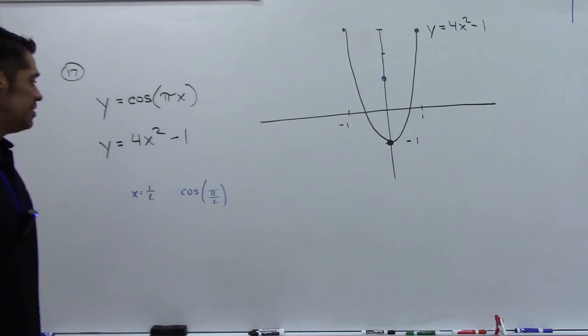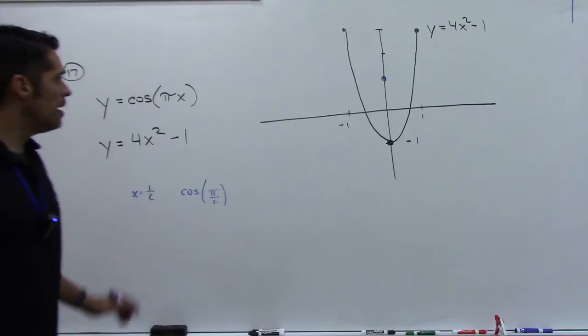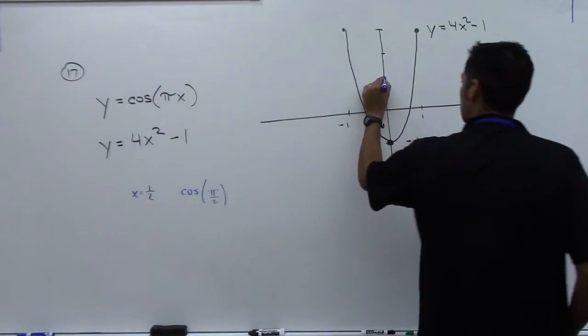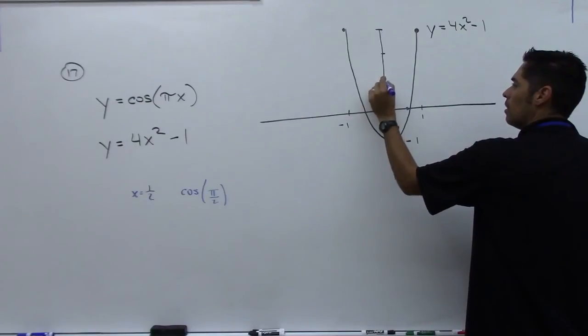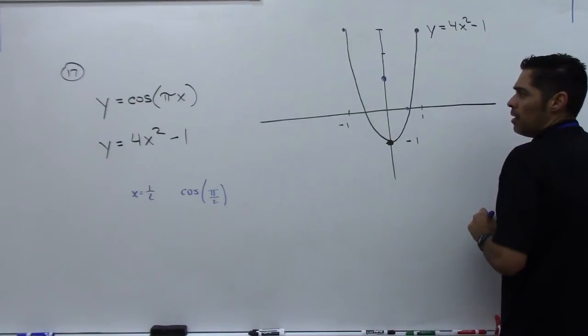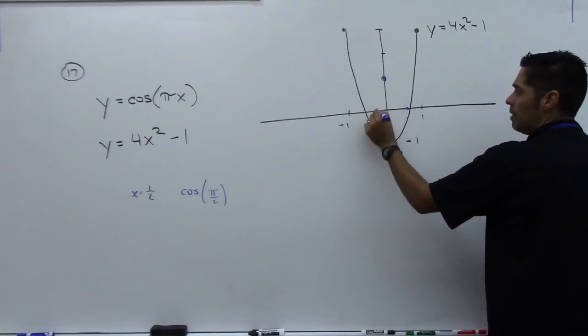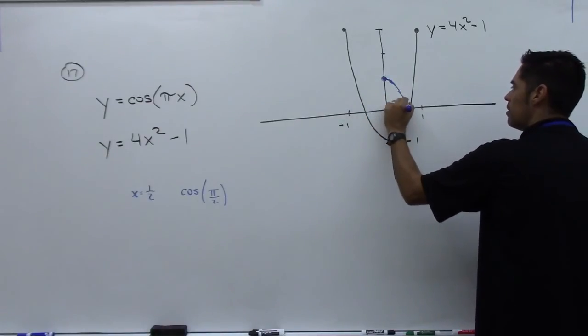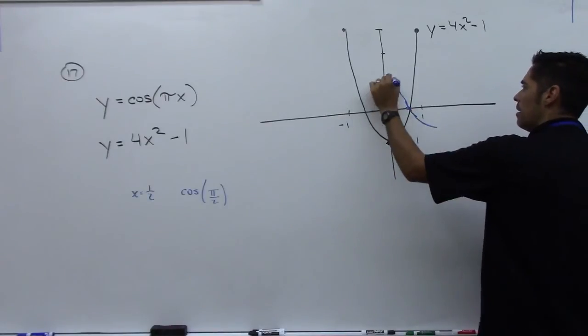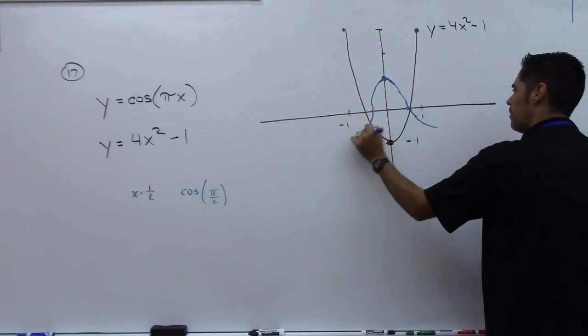Cosine of pi over 2 is 0. So at 1/2, which is here, I'm at 0. And then if I plug in -1/2, I get the same thing. So I know that my cosine function goes down like this and then does something like that, and it's going to do the same thing on the other side.